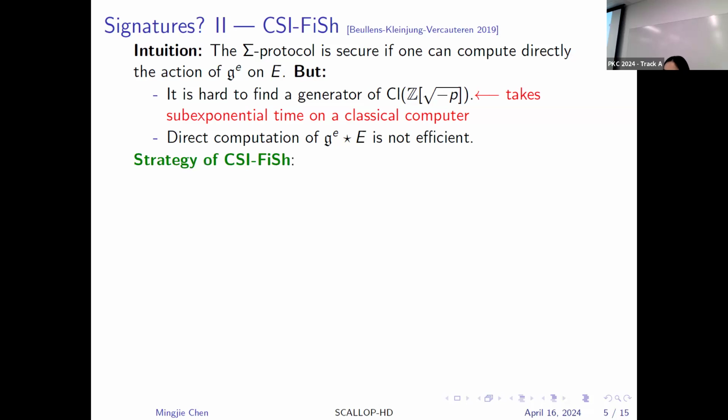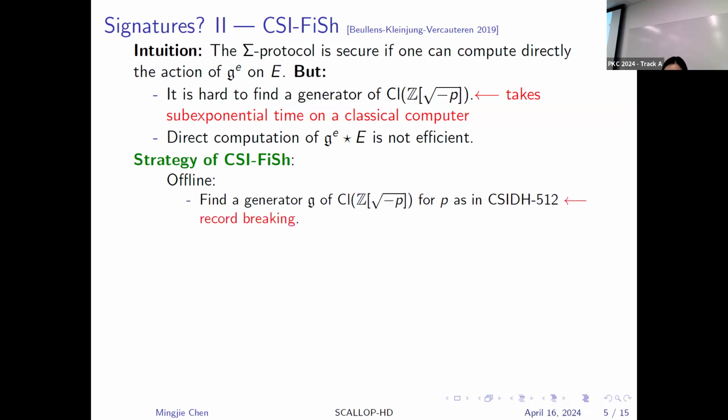So what's the strategy of CFISH towards solving this problem? Their strategy is divided into an offline phase and an online phase. Offline, they first actually just find the generator of the ideal class group. They did it for p as in CSIDH-5112, where 5112 means the bit size of the prime p.